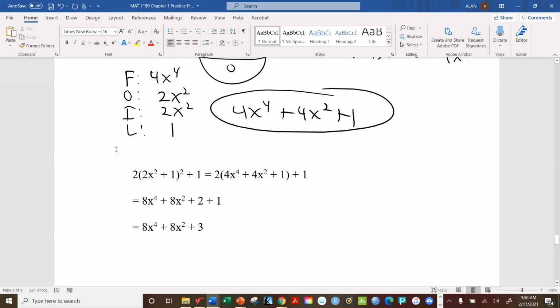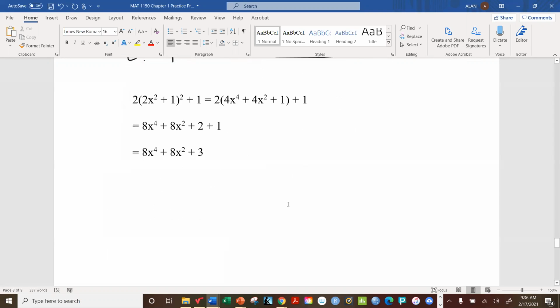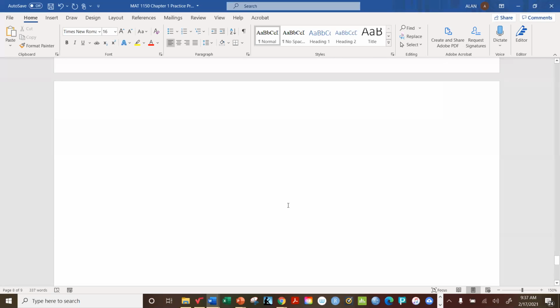I think the next one will be a little simpler because g of x was a little bit simpler. So that's it. We're done. All right, there's one more way down here somewhere.